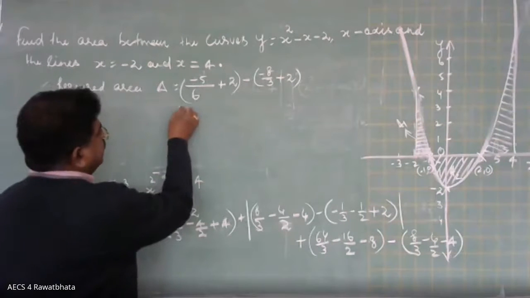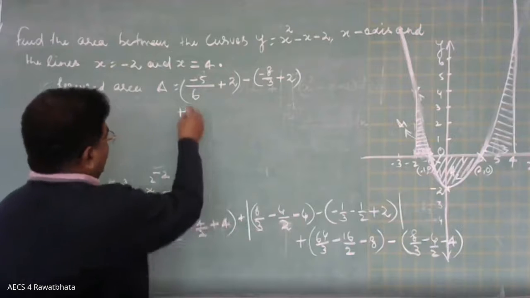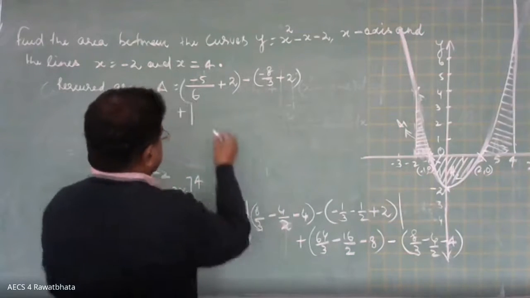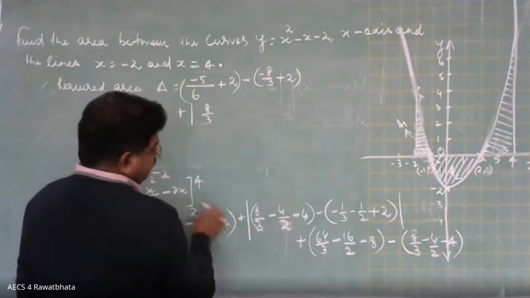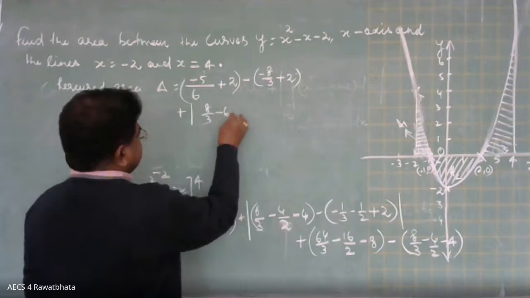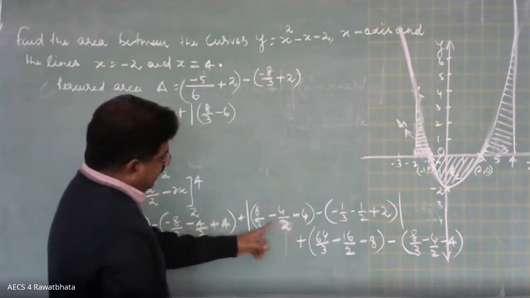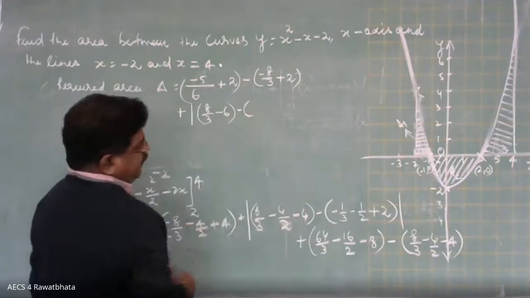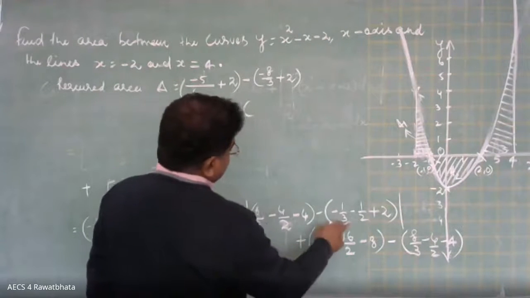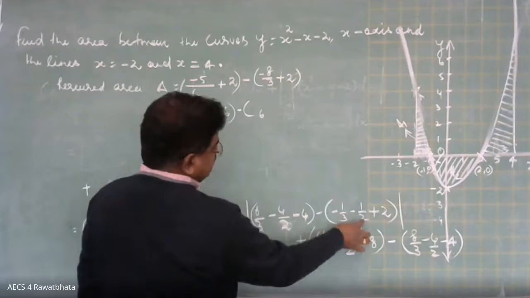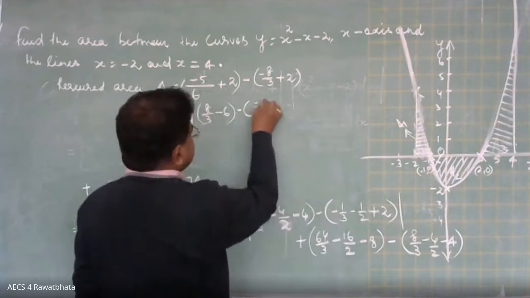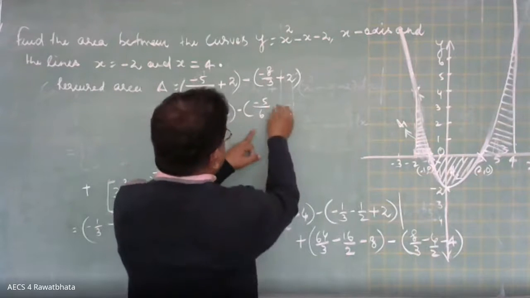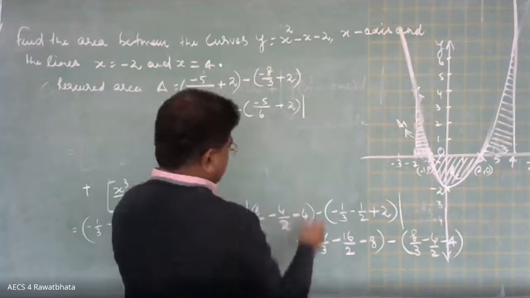And plus the modulus of, here minus 4 upon 2 is minus 2, so 8 by 3 minus 2 minus 4 is minus 6. And here minus of minus 5 by 6 and plus 2, modulus.